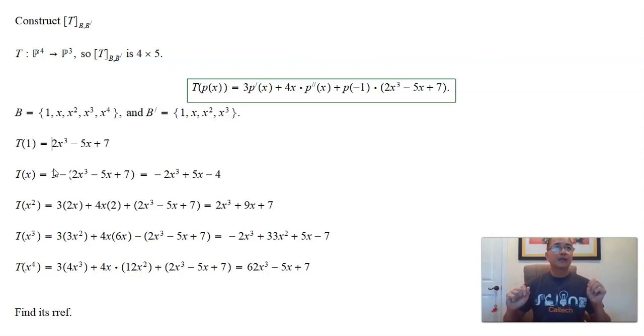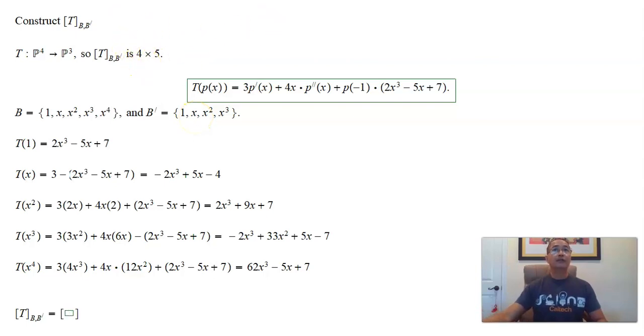Okay? So now we are ready to construct the matrix, because all we have to do is encode each of these answers into a 4x1 column matrix. But the order should be 1, x, x squared, x cubed.